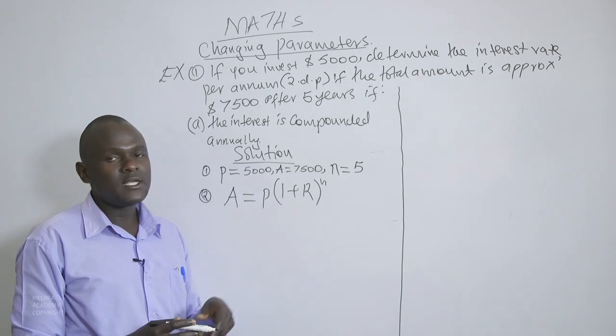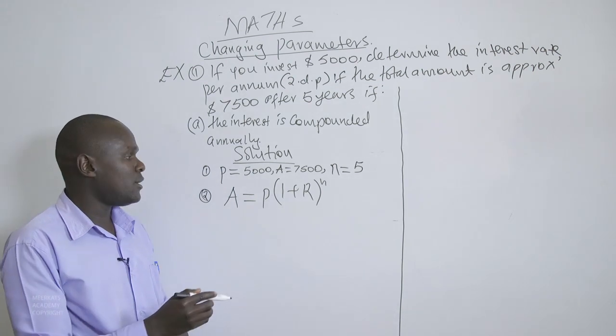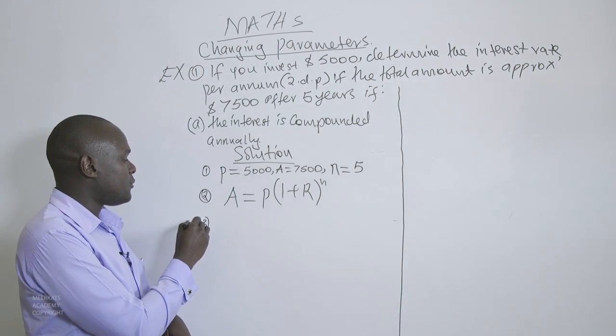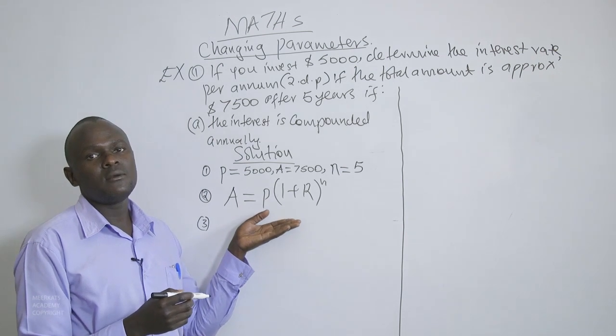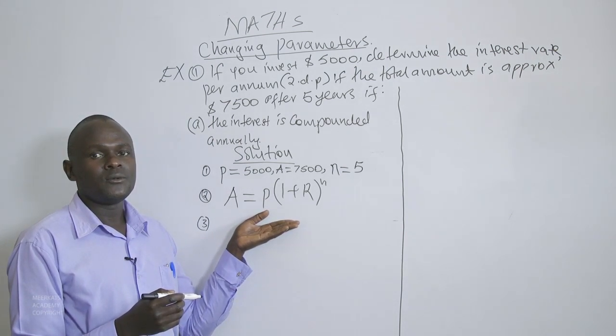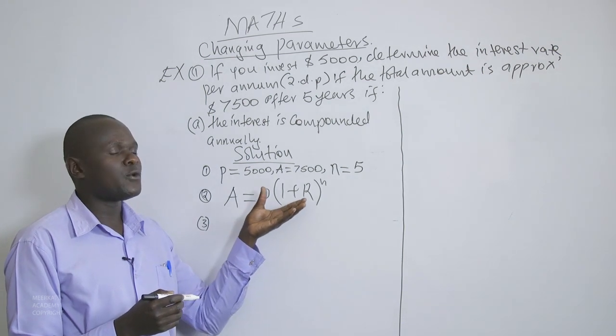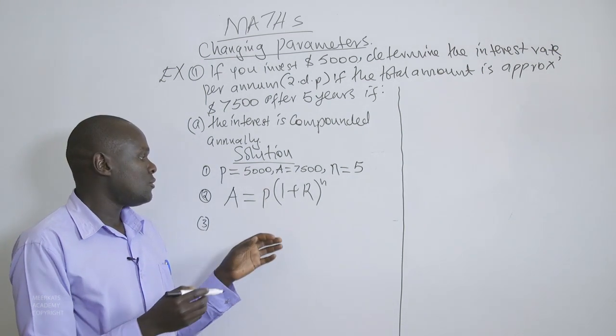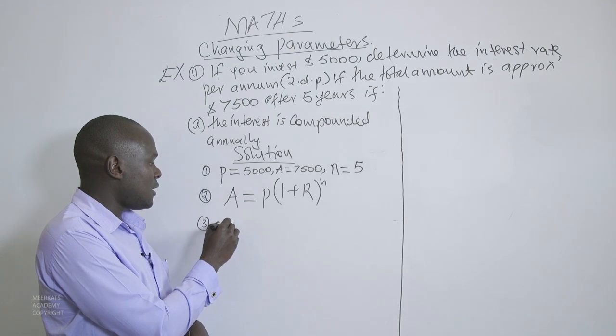After we have written down this formula, the third thing we are supposed to do is to substitute in the values provided, and the fourth thing is for us to evaluate. So here we've been provided with the amount.